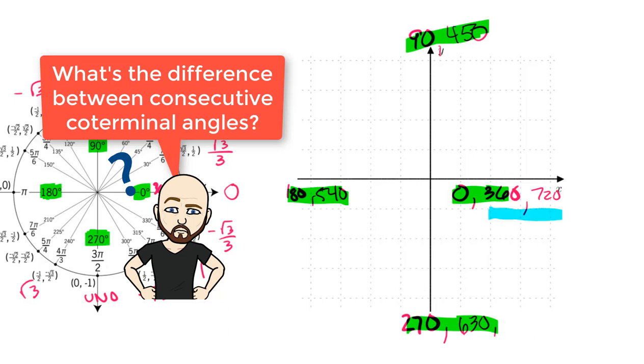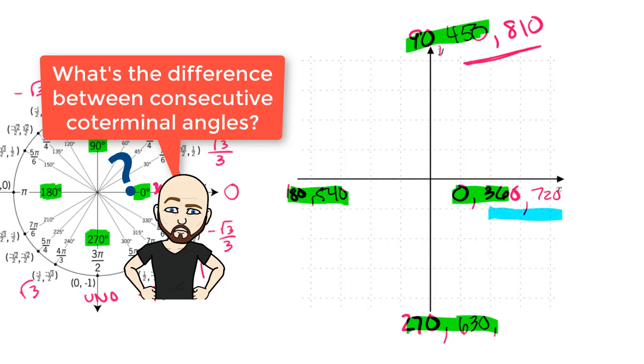And then the next number, after 450, so if we go to the top of the y-axis where 90 is and 450 is, then from there, we would also be at 810 degrees. And again, what's the difference between 450 and 810?